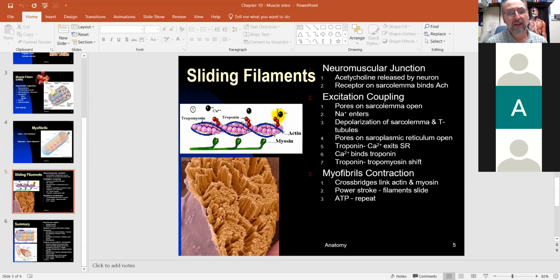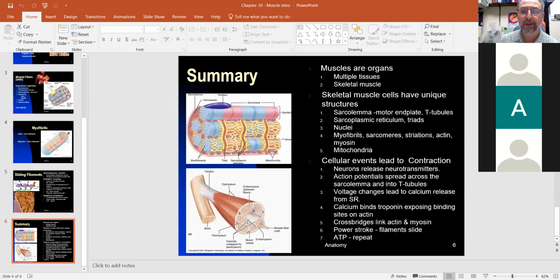The excitation coupling, where the excited cell has an electrical change at the cell membrane and then a change in the sarcoplasmic reticulum. And then the interaction between the myofibrils, where calcium and ATP allow actin and myosin to slide past one another. And this is the power stroke. I introduced that here, and so that was the summary.